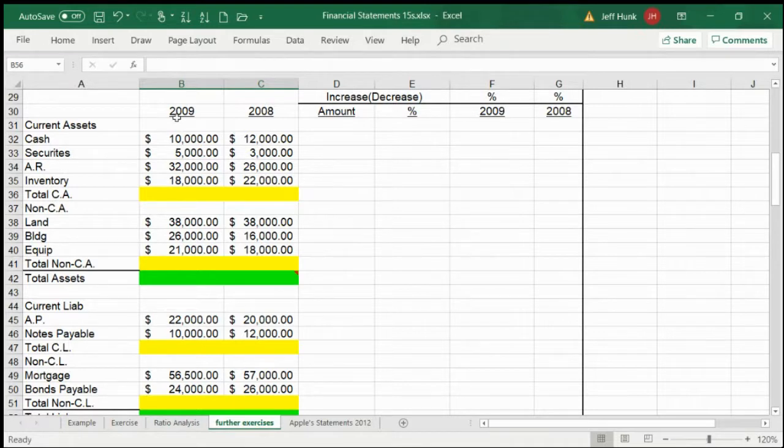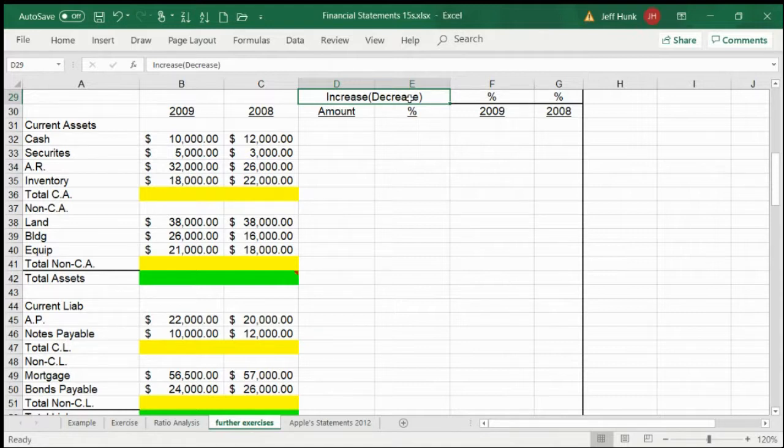Why? Because you want to know how much has changed in each line item the company has. So in columns D and E, you want to find the change. In other words, increase or decrease.